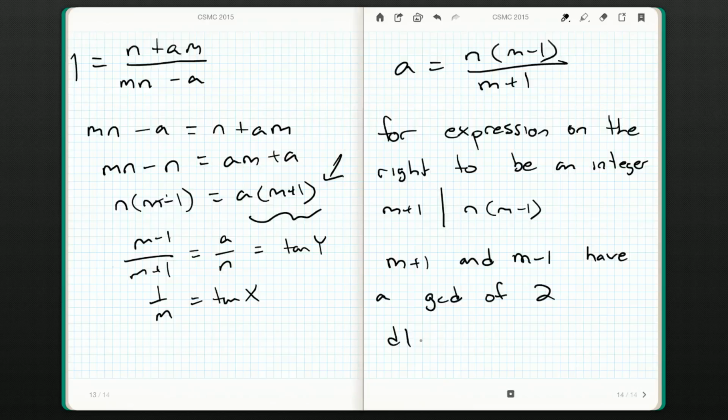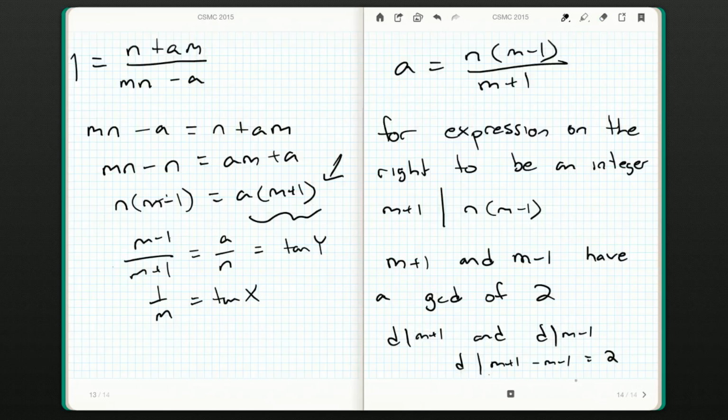And if d divides x and d divides y, then d divides x minus y and y minus x. So suppose we had a divisor, something that divides m plus 1 and m minus 1. Then it would have to divide their difference. So it would have to divide m plus 1 minus m minus 1, which is 2. So d would have to divide 2.